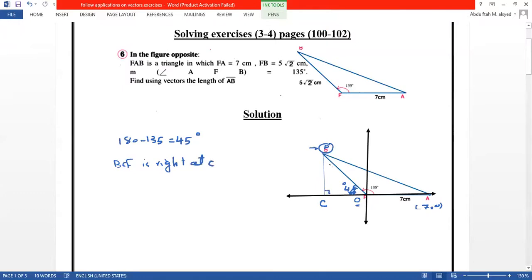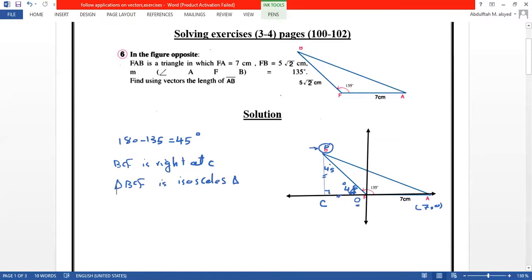Also, this angle is 45, so this also is 45. Now triangle BCF is an isosceles triangle, so this side equals this side.